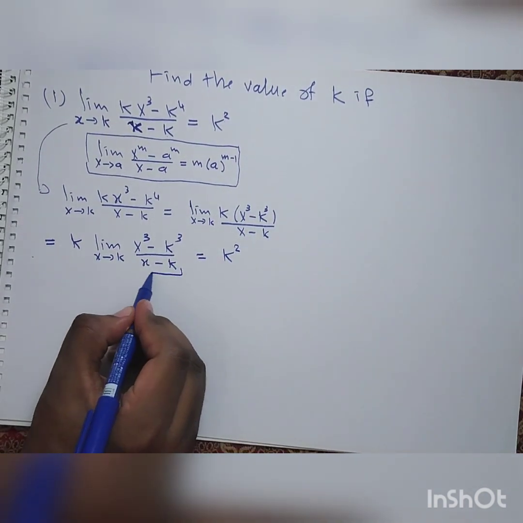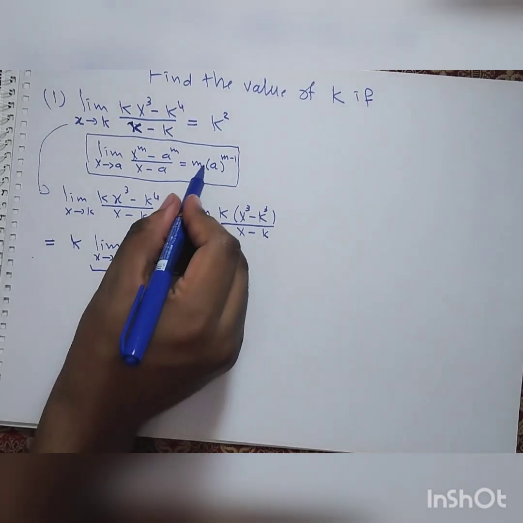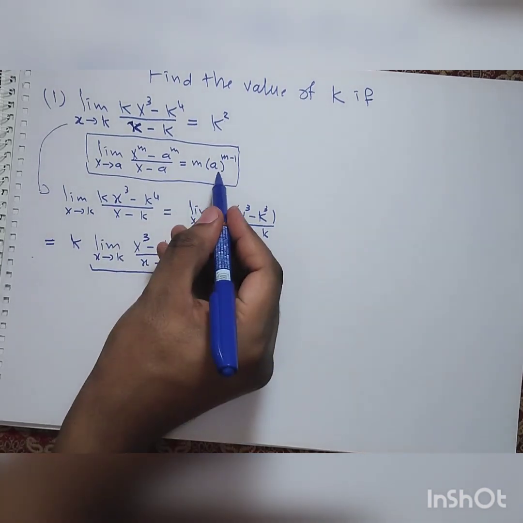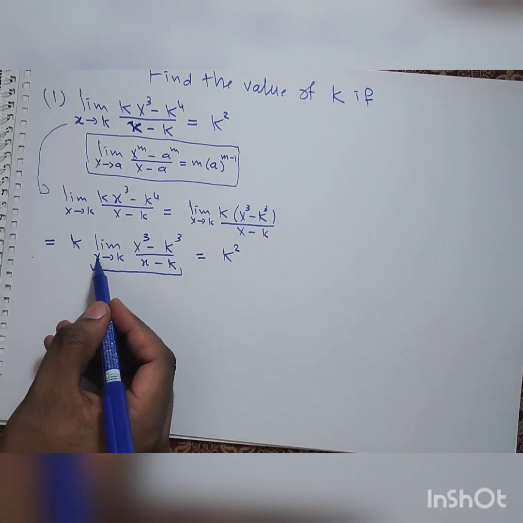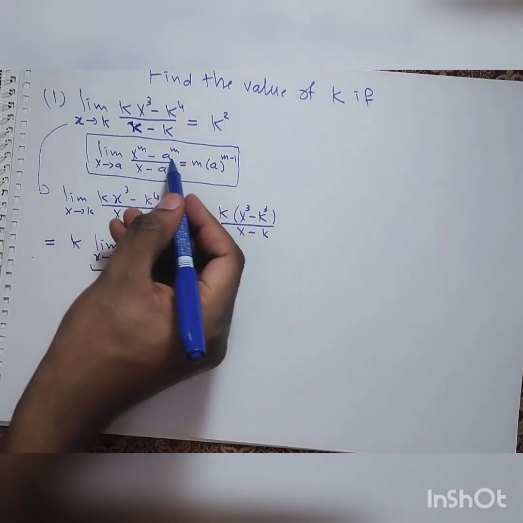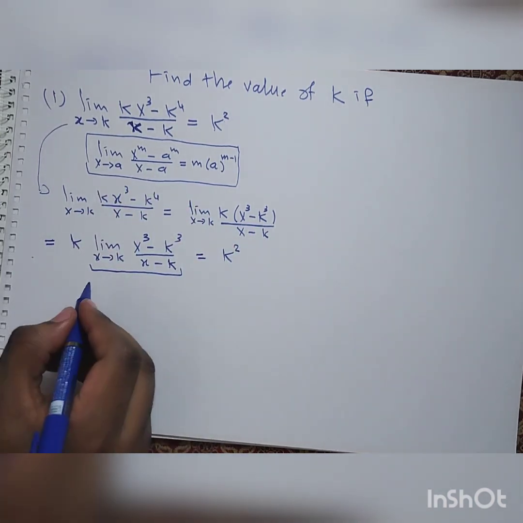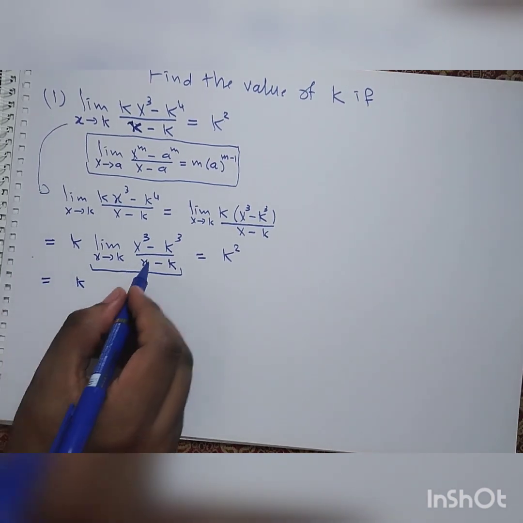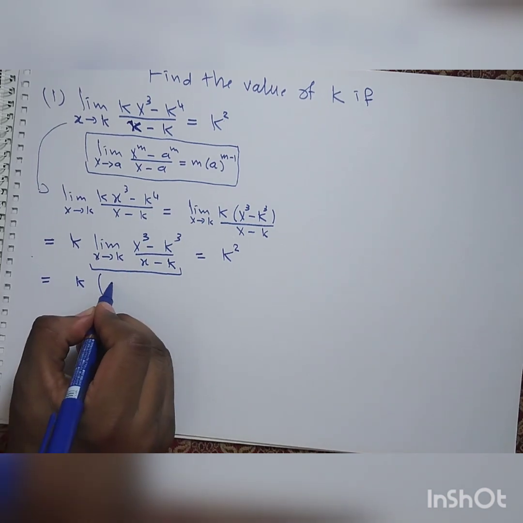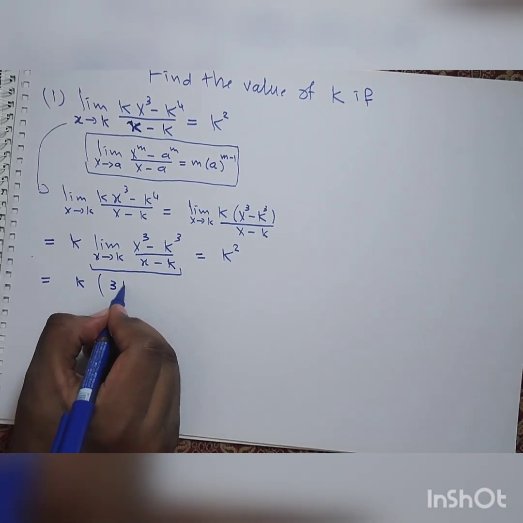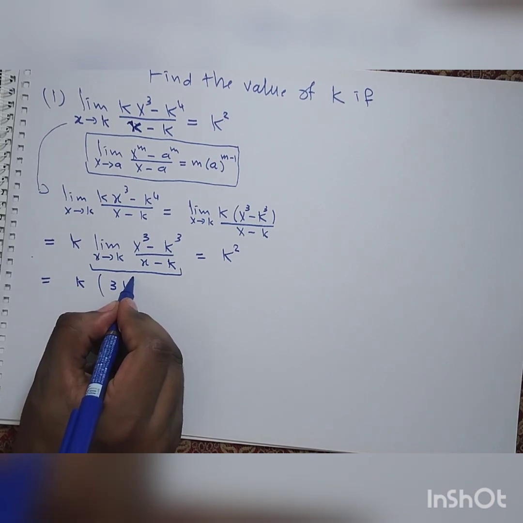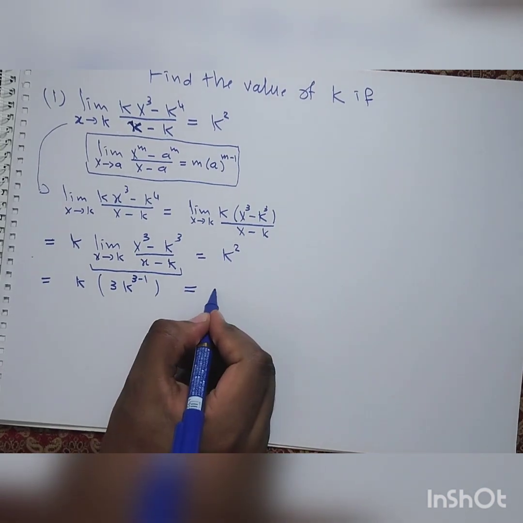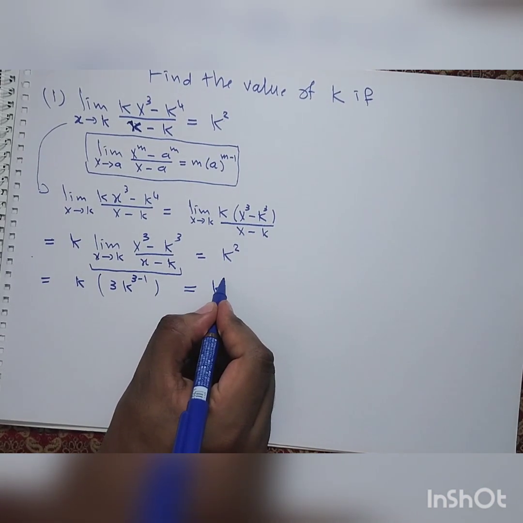Now look here, according to this rule, m is equal to 3 and a is equal to k, and we have exactly x approaches a and here x approaches k. So everything here will be equal to 3 times a, which is k in this case, to the power 3 minus 1, which is 2, and everything is given to be equal to k squared.